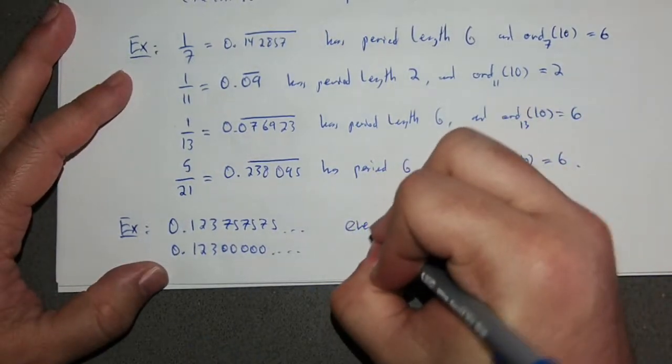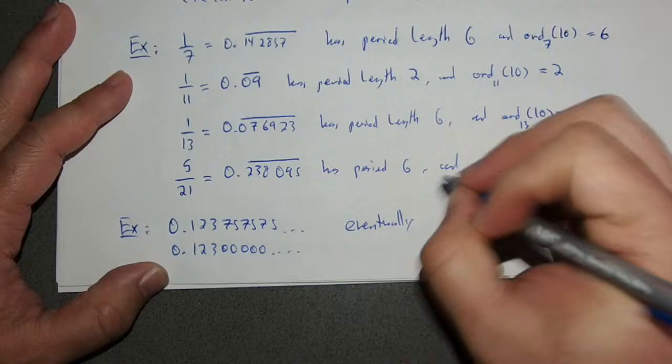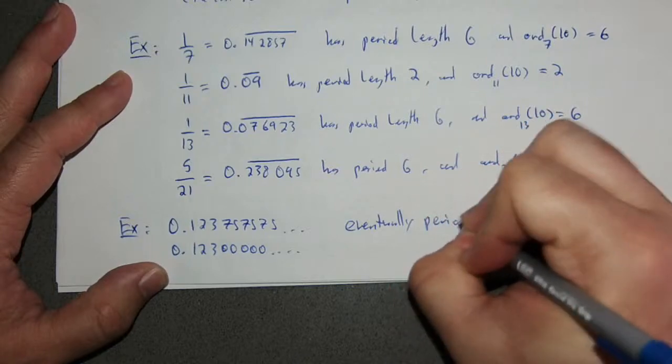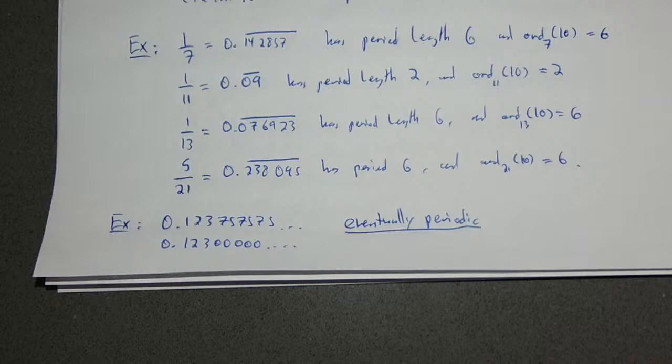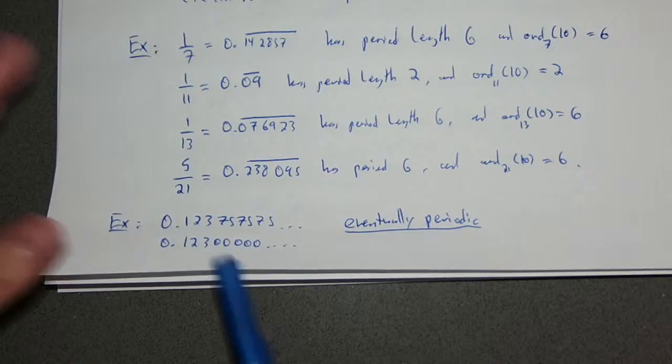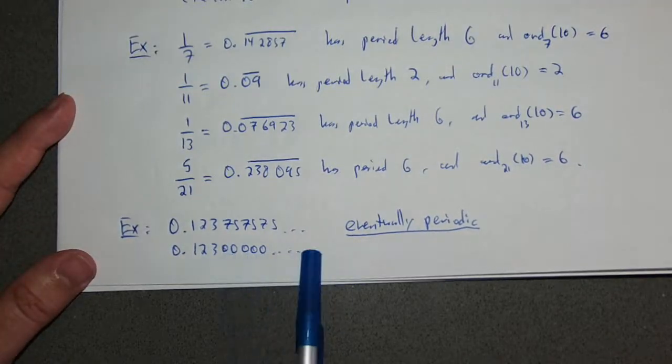These are called eventually periodic. Okay, which has an obvious sort of definition, which is just that eventually they repeat, right?